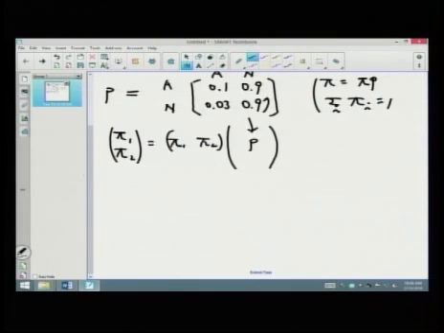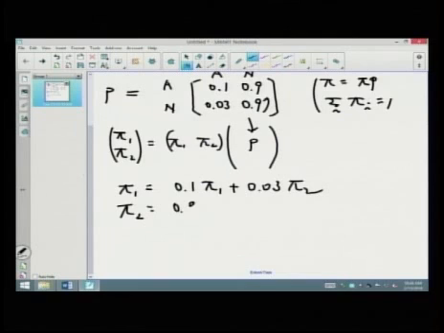So here, we have pi 1 equals pi times the first column of this P matrix. So it's going to be 0.1 pi 1 plus 0.03 pi 2. Likewise, pi 2 equals pi times the second column of this P matrix. So it's going to be 0.9 pi 1 plus 0.97 pi 2.